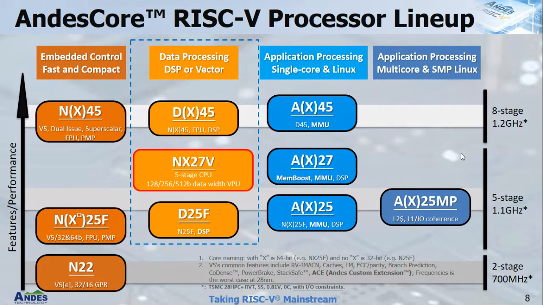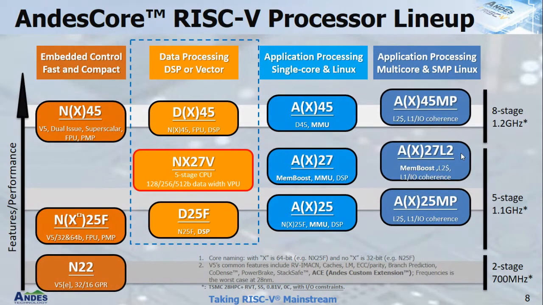And here we also have our vector processor, which is a 5-stage CPU IP together with the vector processing unit, which can be highly configured by our customers. So there are many hardware options from 128-bit up to 512-bit once this IP is licensed. And then last but not least, we also have our high-end application processors. So for example, if Espressif is looking for something to run Linux, maybe our AX45MP could be interesting. If it should be a little bit smaller, the AX25MP could be an interesting choice.